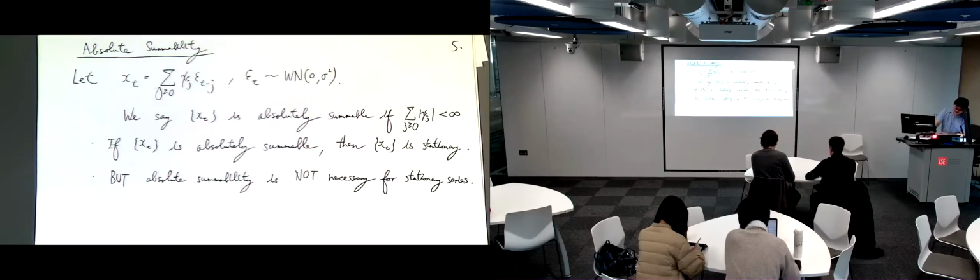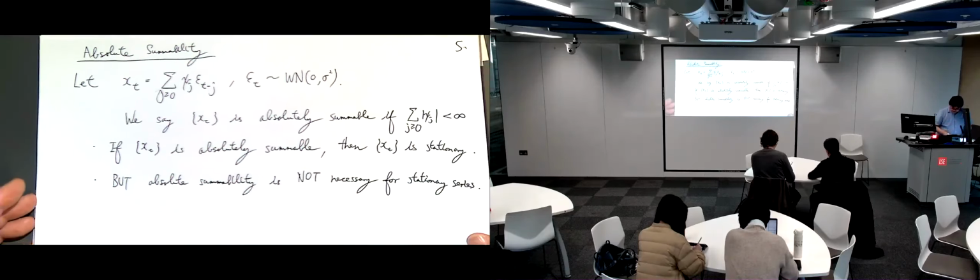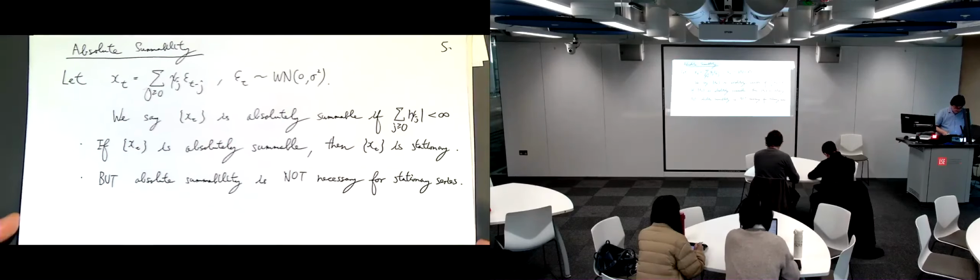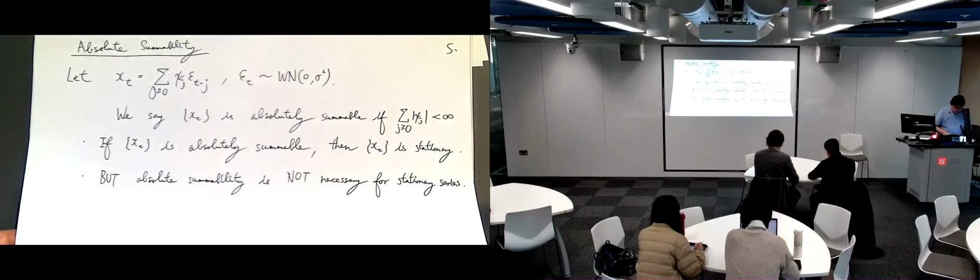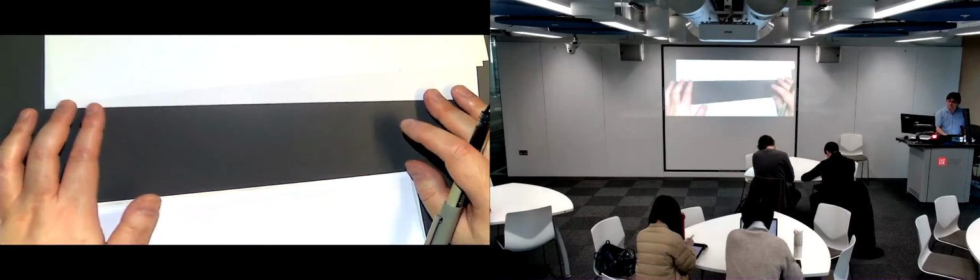That time series is stationary, but the coefficients are not absolutely summable, okay? So that's the relation, and this is something I missed out, so I just wanted to add it. I hope you have checked it in the lecture notes as well.